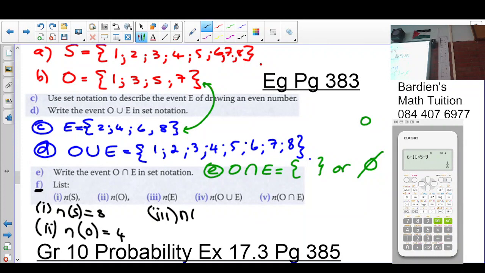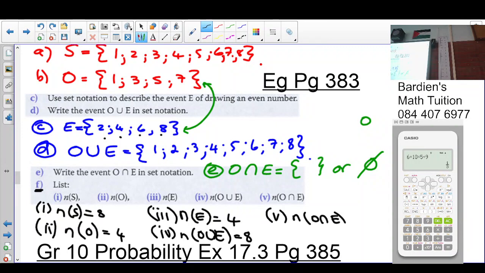The number in event E: 4. The number of O union E: 8. And then lastly, the number of O intersection E is nothing, so 0. Is there any confusion there? All right.